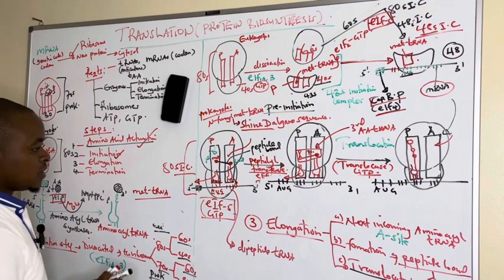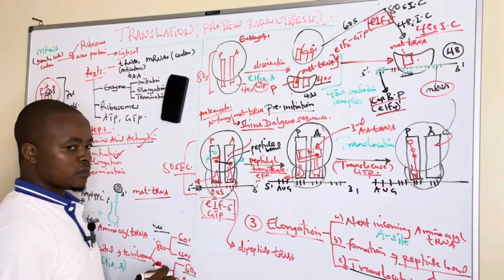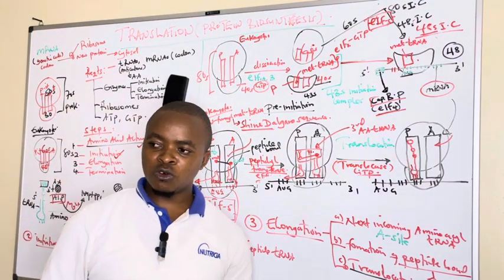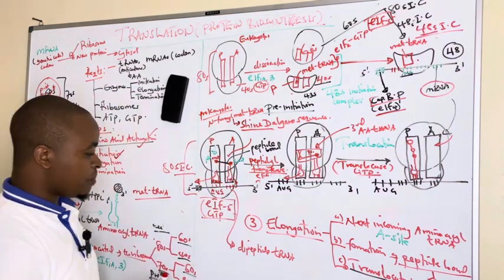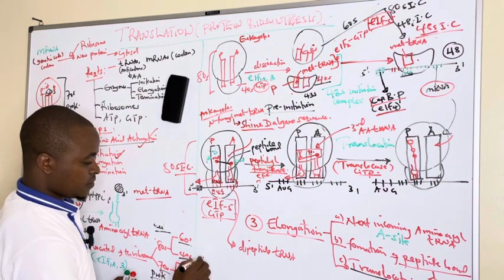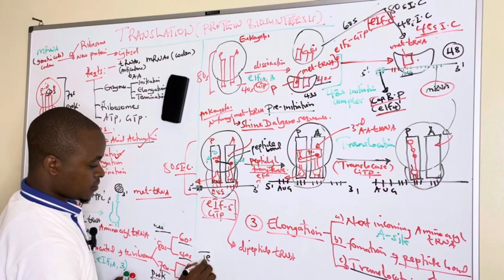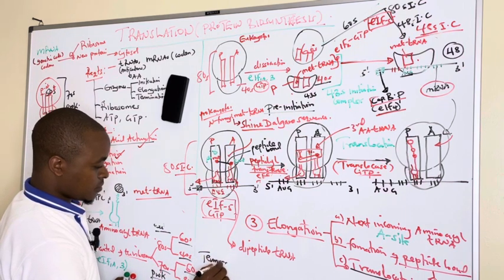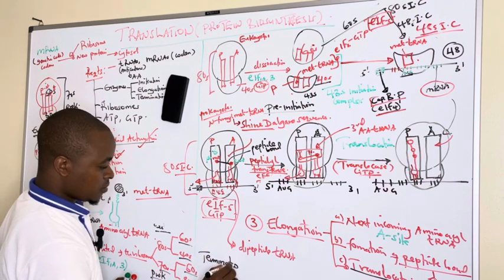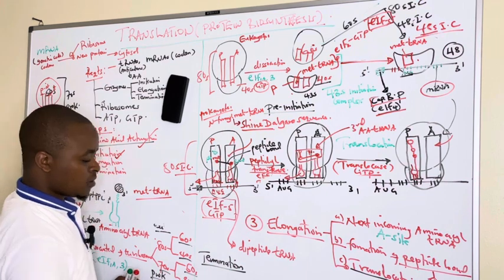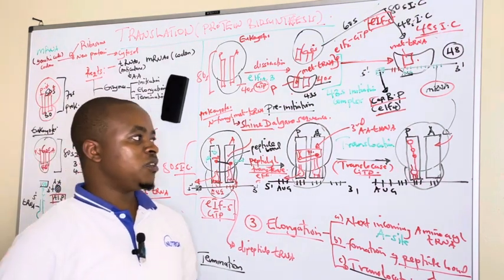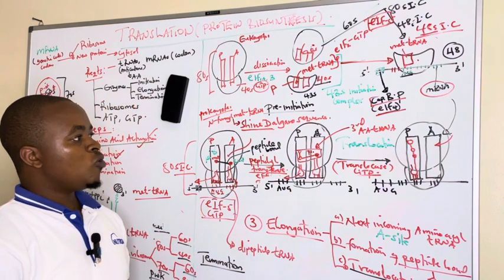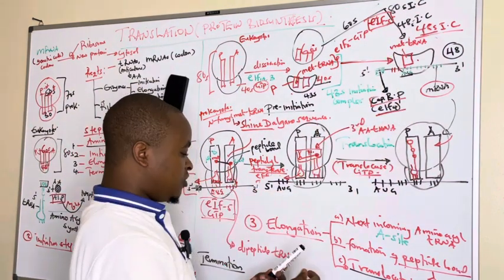So the last step, as we conclude, is termination. Termination occurs when we form a long polypeptide chain.